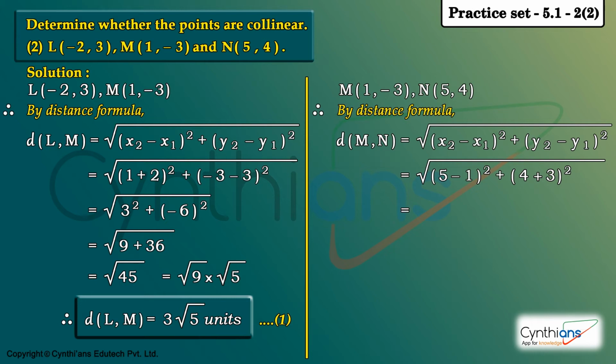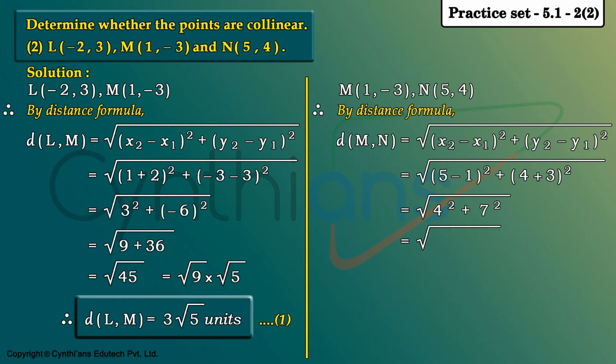Next step, equal to square root of 5 minus 1 is 4. So 4 square plus 4 plus 3 is 7. So this is 7 square. So this step is square root of 4 square plus 7 square. Next step, equal to square root of 4 square is how much? 16 plus 7 square is how much? 49. So this is square root of 16 plus 49.